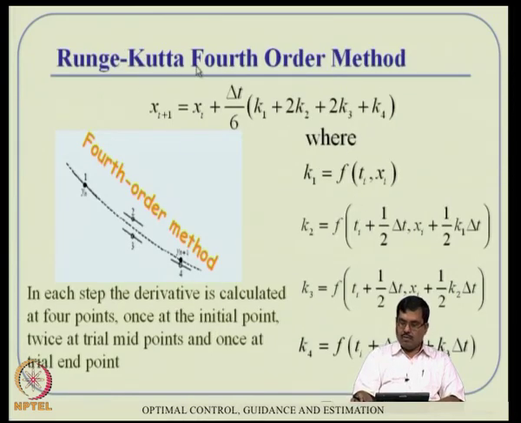The other method that comes next is the Runge-Kutta method, and Runge-Kutta methods are of various orders. You can talk about second order Runge-Kutta, third order, fourth order, and the fourth order is very popular in systems theory. Most numerical solutions of differential equations are fourth order. The derivation I will not give here, but the concept is like this. We take some function f of t n, x n, something like this, and you have some value here.